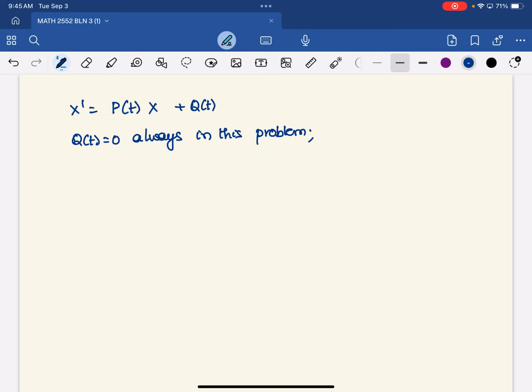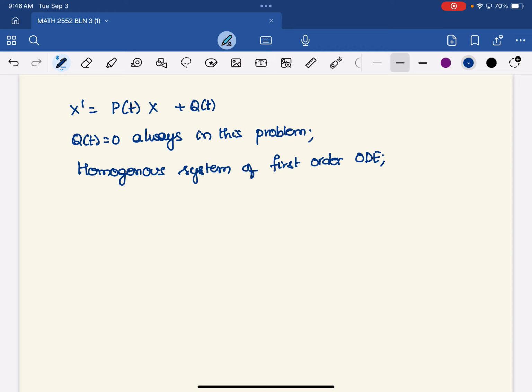So this is, in other words, a homogeneous system of first order differential equations. Do you agree with me on that?